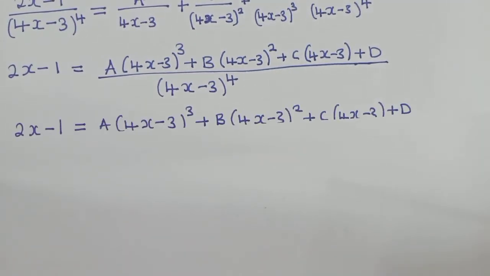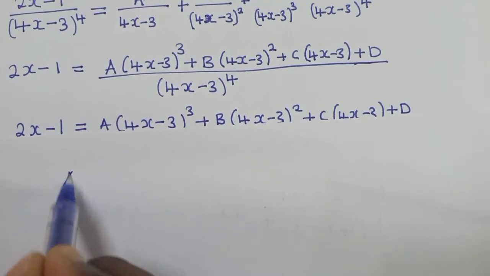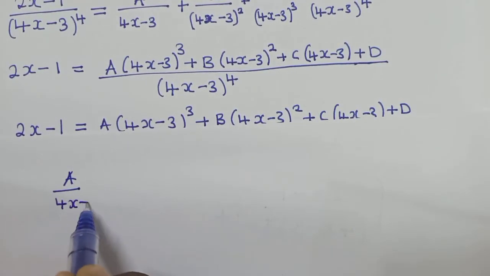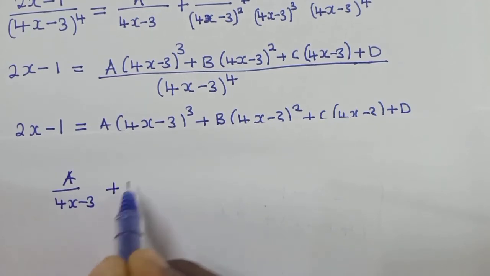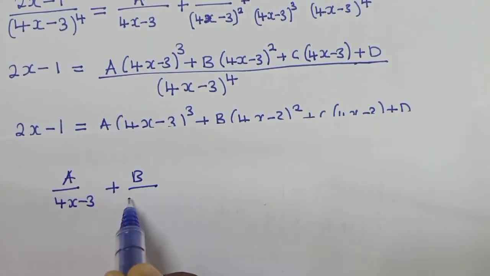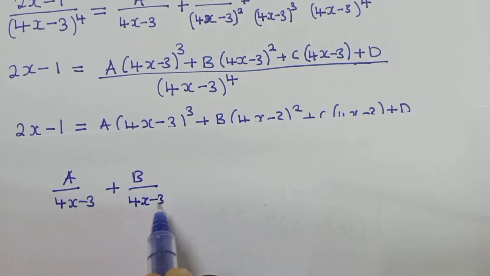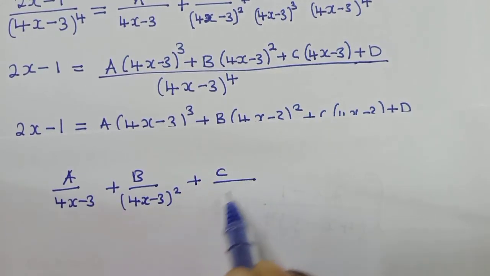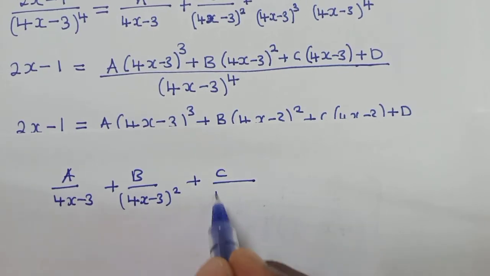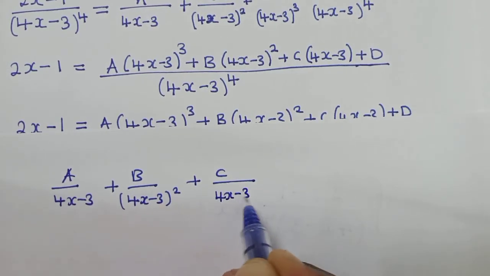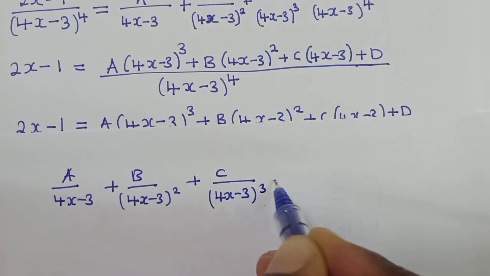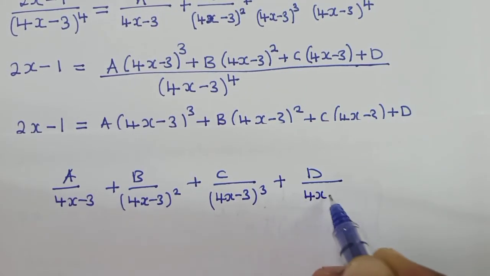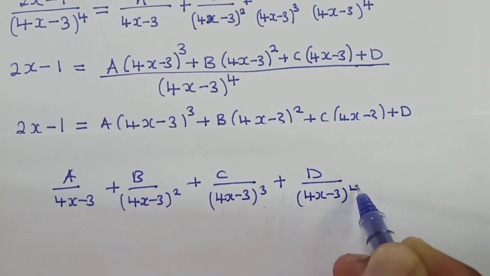So we have A over 4x minus 3, plus B over (4x minus 3) power 2, plus C over (4x minus 3) power 3, plus D over (4x minus 3) power 4.